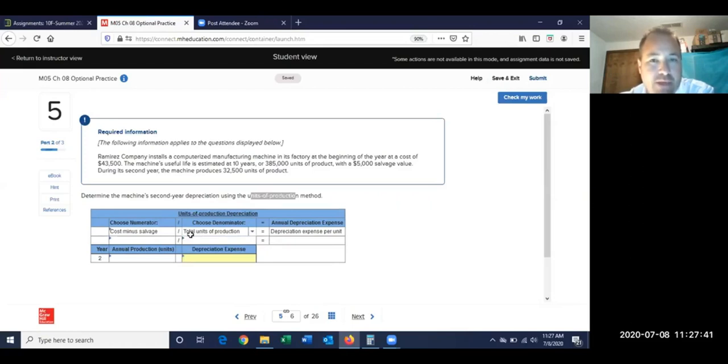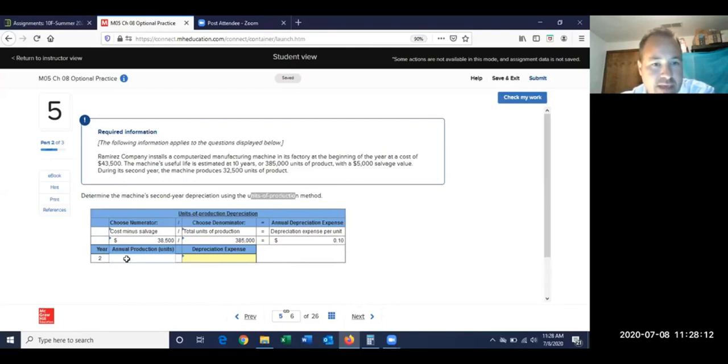This is basically step 1 and step 2, they just put it together in one step. So cost minus the salvage value, that's still 38.5, same from the other problem. Total units of production, it tells us here 385,000. It's telling us that it's 10 cents per item I make.